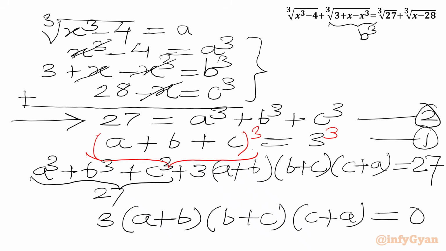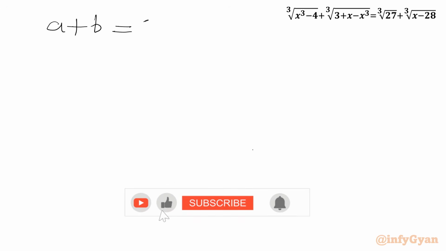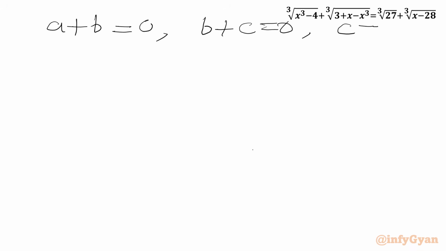Now we'll use the product zero rule, and we can write either a plus b equal to 0 or b plus c equal to 0 or c plus a equal to 0. So from here we'll get a equal to minus b.